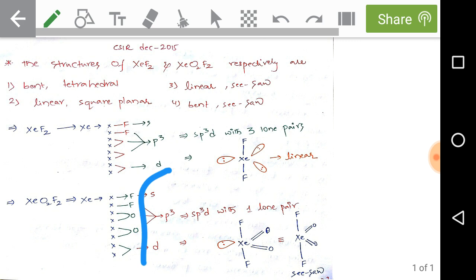So total we have sp3d hybridization possible for this XeO2F2. For normal sp3d hybridization, we simply have TBP, that means trigonal bipyramidal structure, but here we have 1 lone pair of electrons, so just write down the 1 lone pair in it, and it simply resembles the seesaw structure. That means here the correct option is linear and seesaw for the given problem.